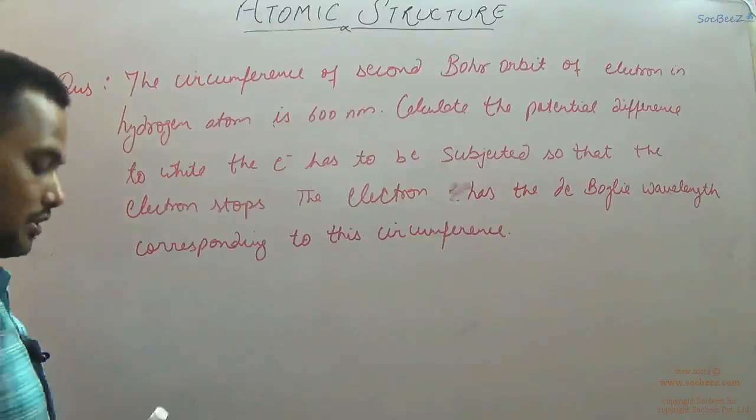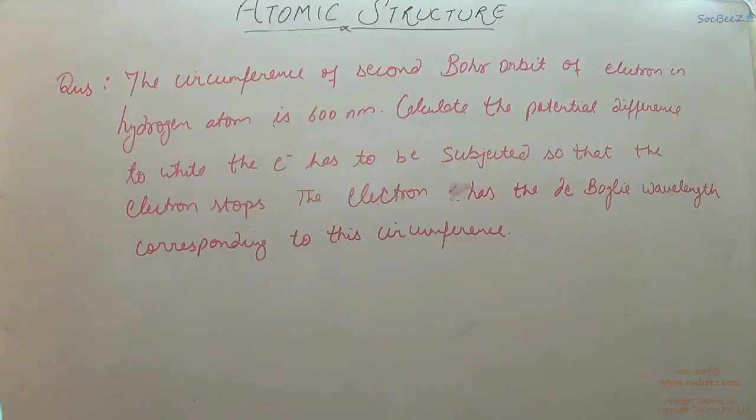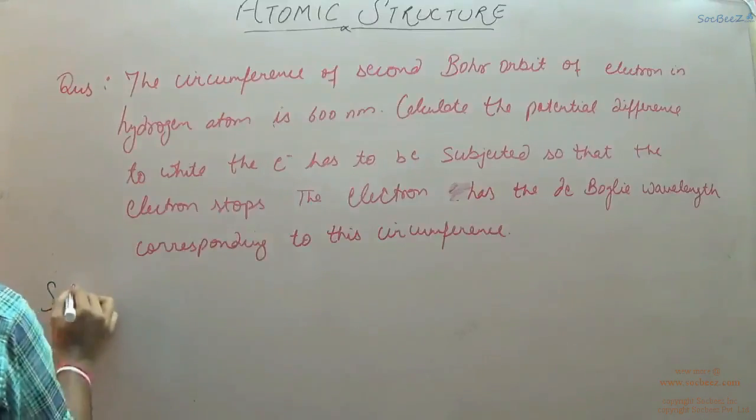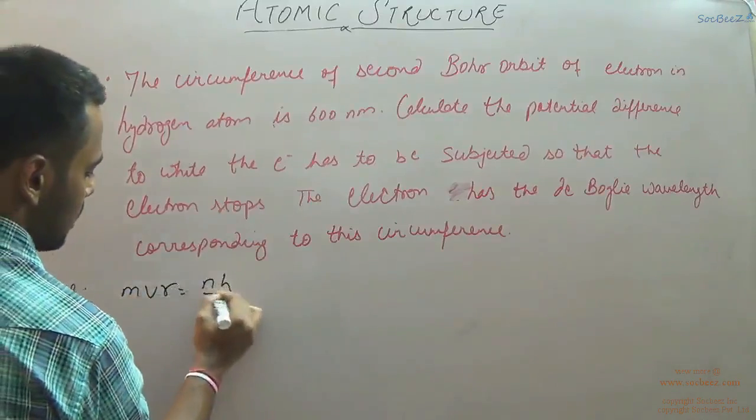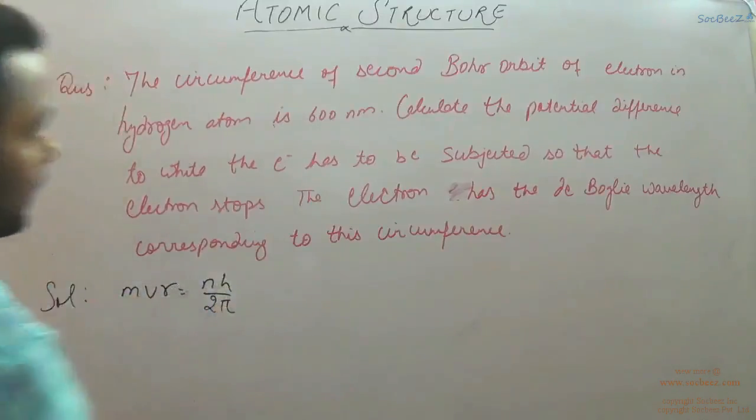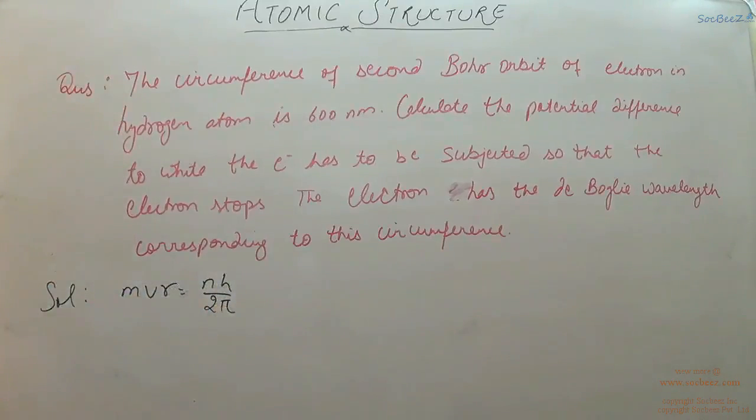So here in this case we know that mvr equals nh upon 2 pi. Okay, this comes from Bohr's postulate.